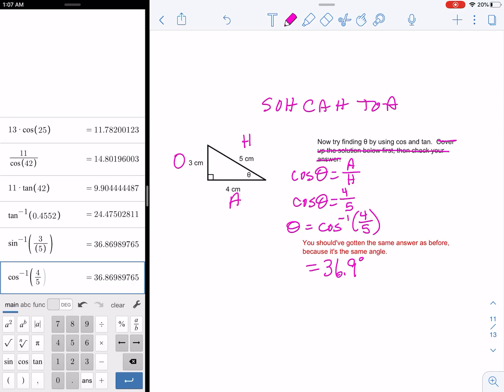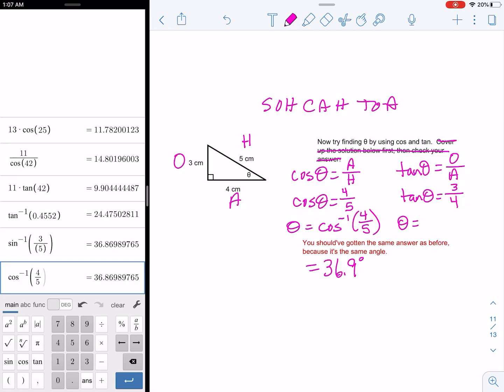It's the same angle. Now let's try it again with tan. So tan of theta equals opposite over adjacent. I still don't know theta, but I know that the opposite is 3 and the adjacent is 4.